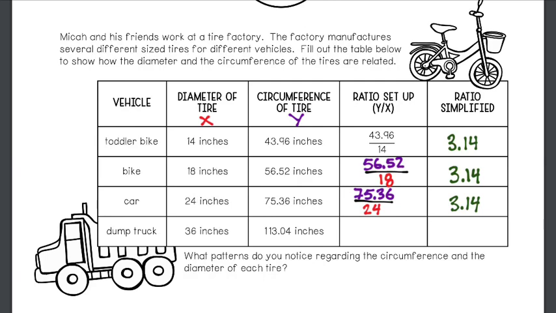That dump truck has 113.04 inches of circumference, and it has a diameter of 36 inches. So I divide that by the diameter, and we find that that is approximately 3.14.